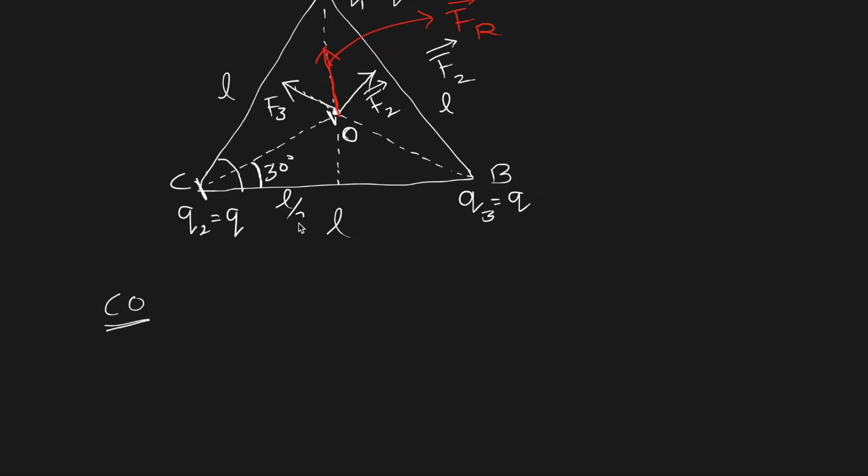this is L by 2, because it's the median. The median is the line passing through the midpoint. Then L by 2, and by using cos 30 degree.